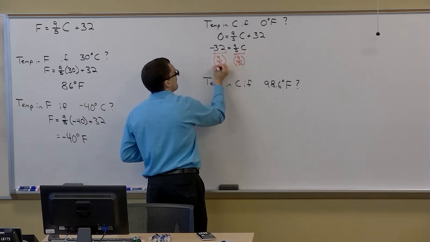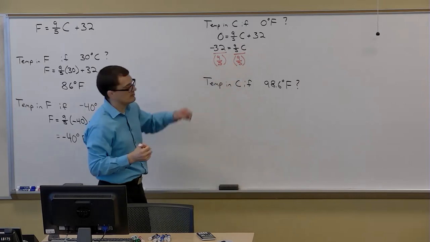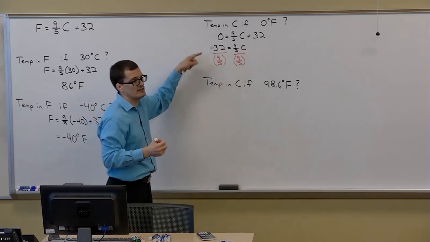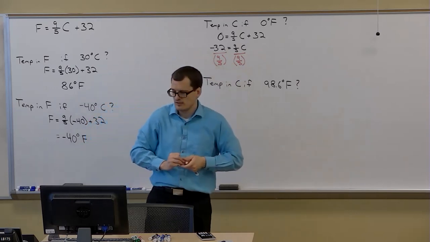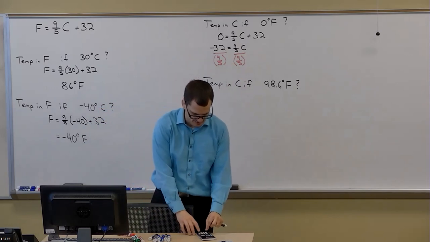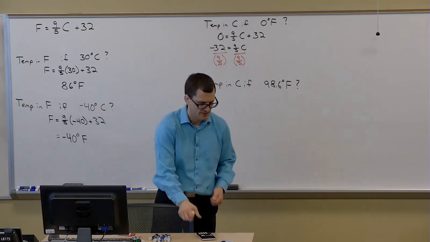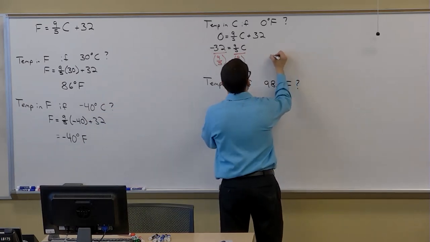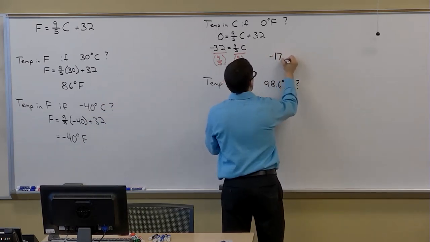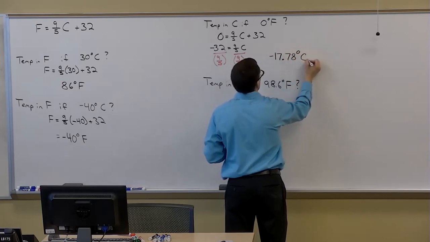Otherwise, it'll divide by 9, and then it'll take your answer and divide by 5. You don't want to do it that way. So you want to make sure you have parentheses around the 9/5 when you divide that. And what you end up with is negative 17.78 degrees Celsius.